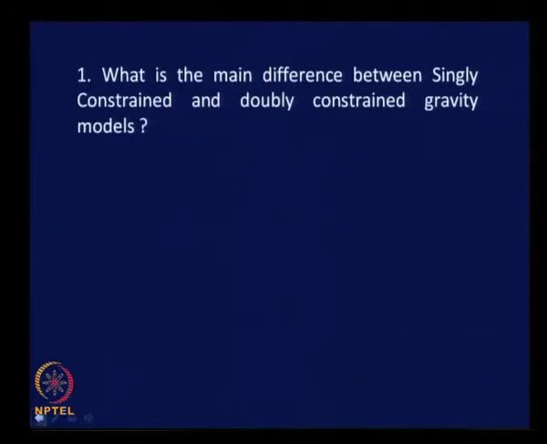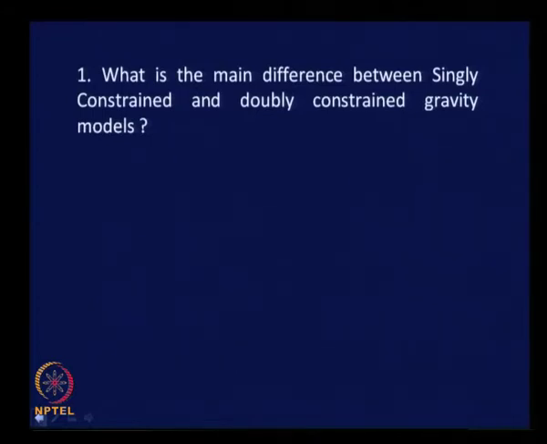You should not simply answer that the singly constrained model has one constraint and the doubly constrained model has two constraints. It should be a more detailed and technical answer. Any volunteers? Only one main difference between singly constrained and doubly constrained gravity model.